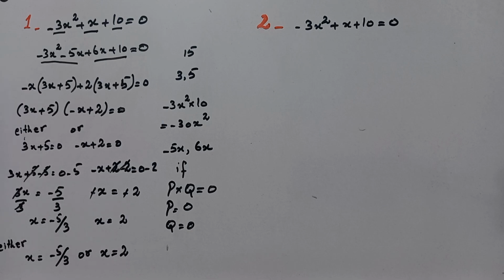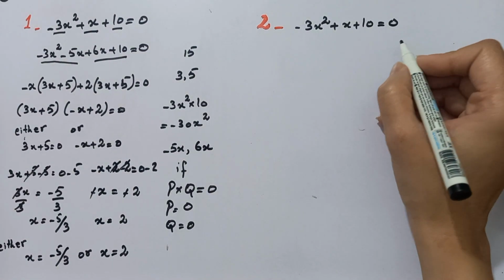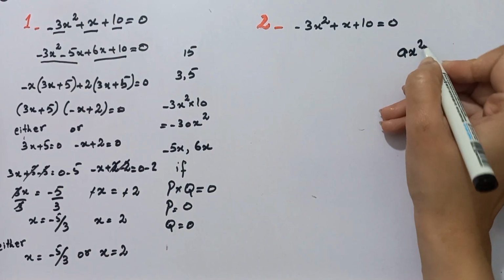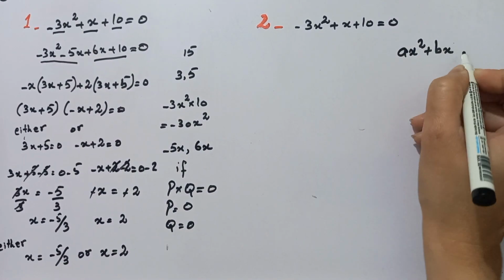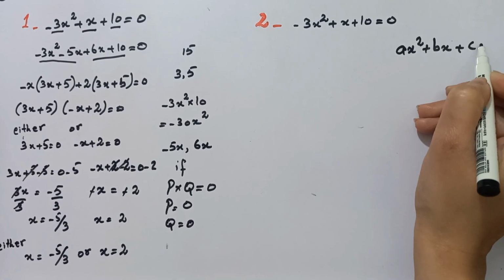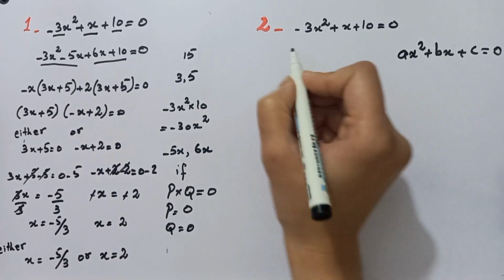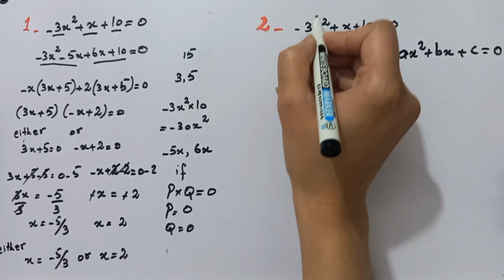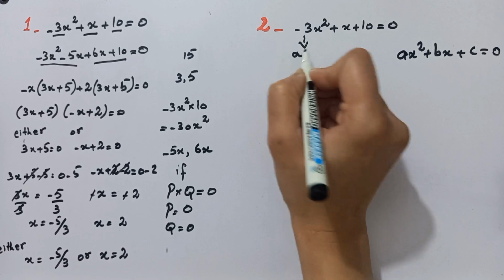Now there is another simpler method to solve a quadratic equation by factorization. Let's look at it. Now we know that the general form of quadratic equation is ax squared plus bx plus c equal to 0. Now, comparing these two equations, we see that minus 3 is a.